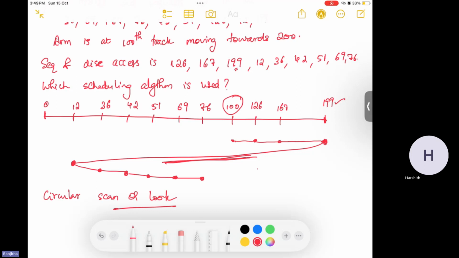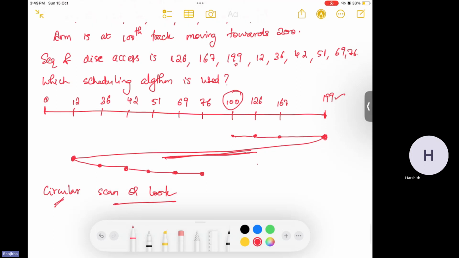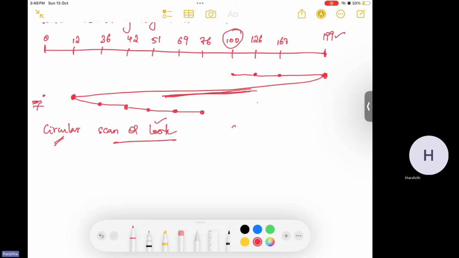So now let's see from 199, is it going to 0 or not? If it is going to 0, then it is a scan. But it did not go to 0. It went only till 12, which implies that it is a look. So the scheduling is C-LOOK.